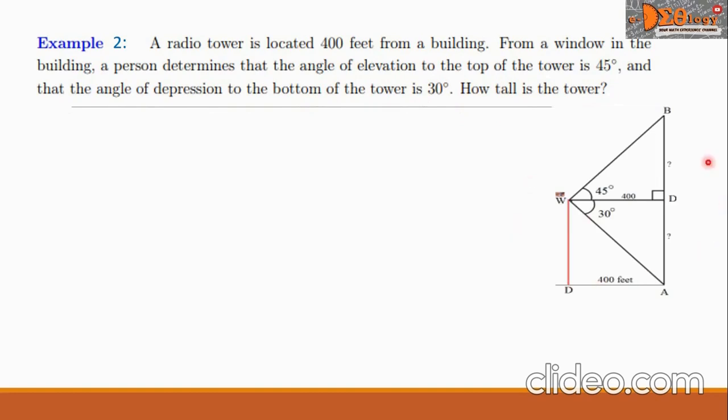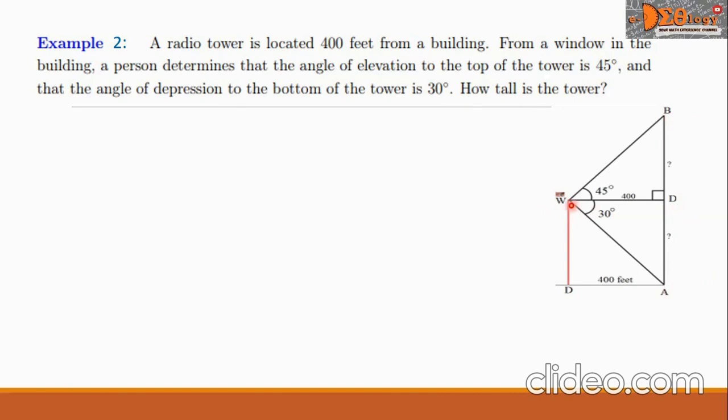So we have this figure here to help us solve the problem. We let this line AB be the radio tower, where A is the base and B is the top. We let this W be the window in the building.